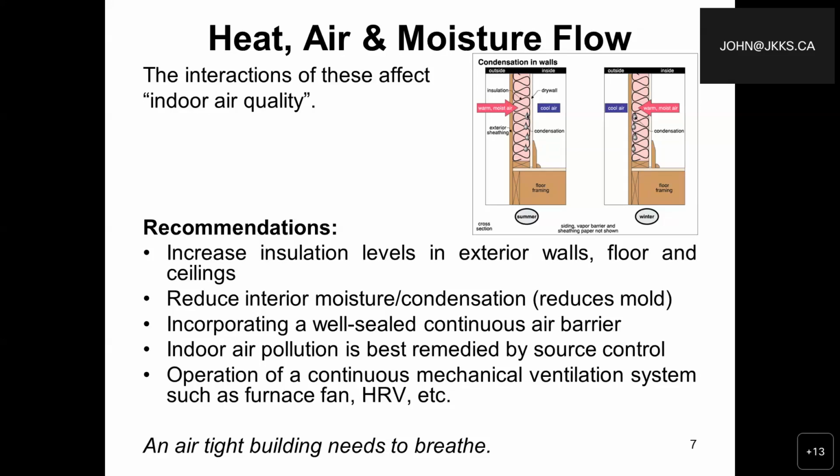Again, some recommendations, as we can see here on this slide: increasing the insulation levels in the exterior walls, floors, and ceiling systems, reducing the interior moisture condensation, thus reducing mold, and incorporating a well-sealed continuous air barrier. That's what we saw earlier when I was holding up that air barrier system on the outside of the house that was under construction.